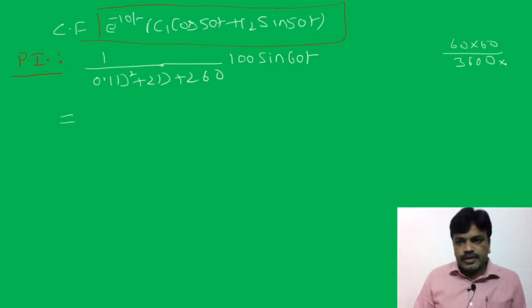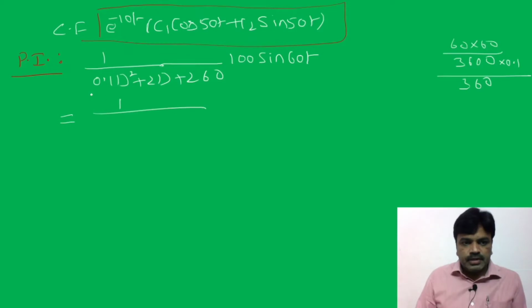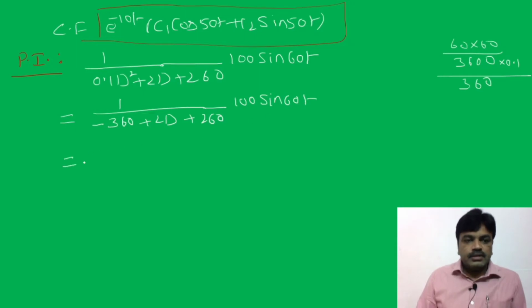Multiply with 0.1, then we get 360. So we get minus 360 because we are replacing minus 60 into 60. So minus 360 plus 2D plus 260, into 100 sin 60t, that is equal to 1 by minus 360 plus 260. So we get 2D minus 100.